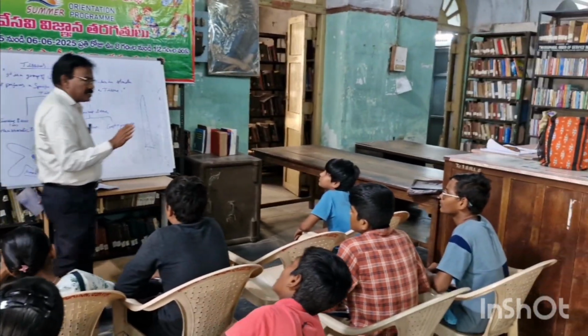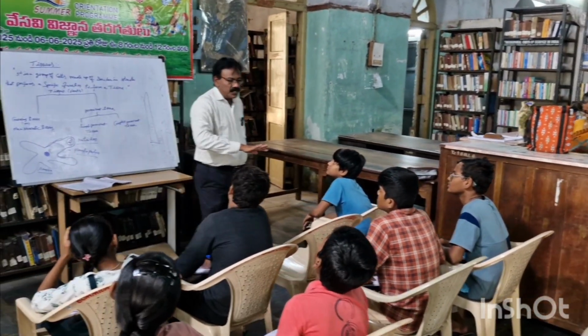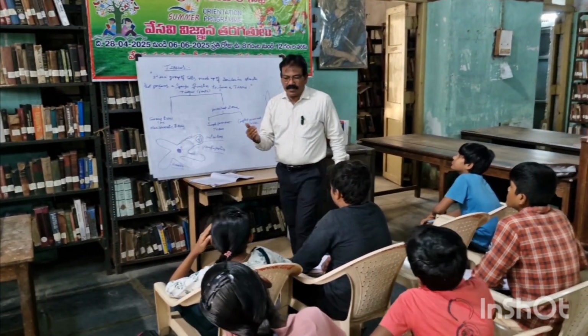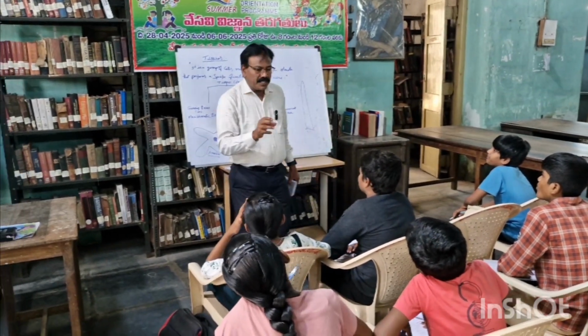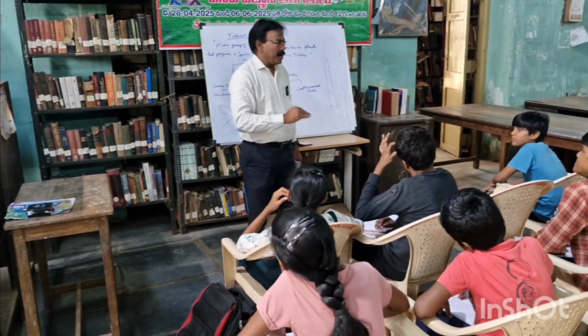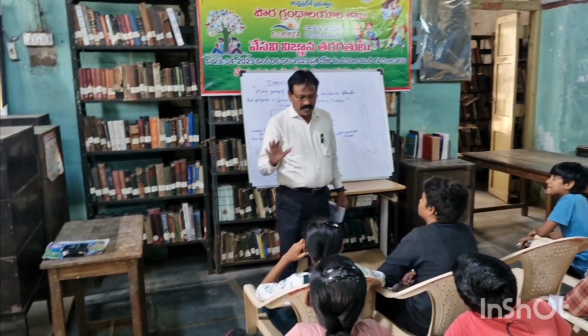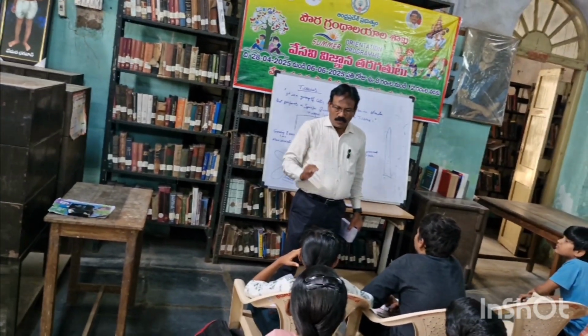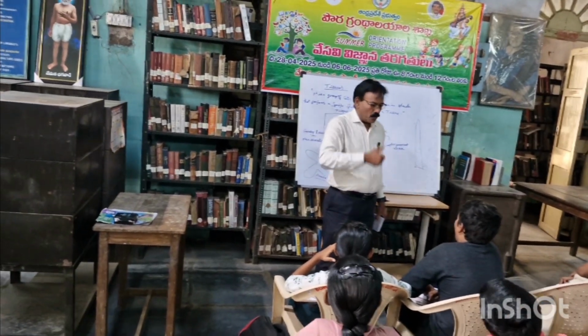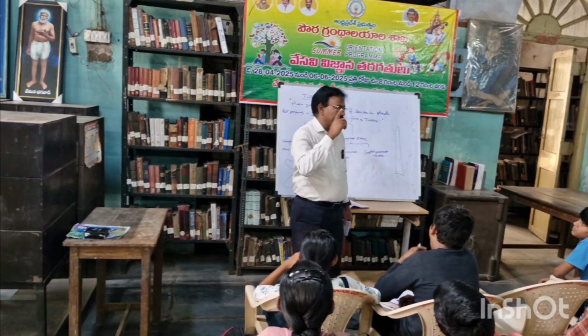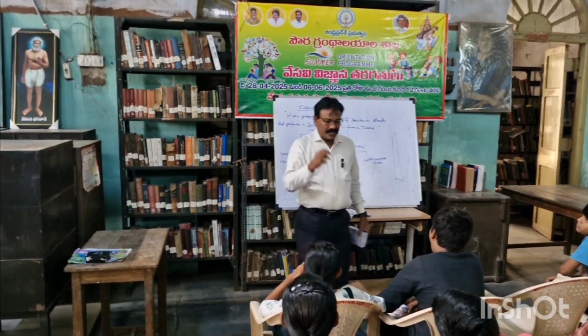There are some differences between plant tissues and animal tissues. What are the differences? In plants, the plants are not movable. First point, they are fixed to one point. They grow upside, they grow taller.